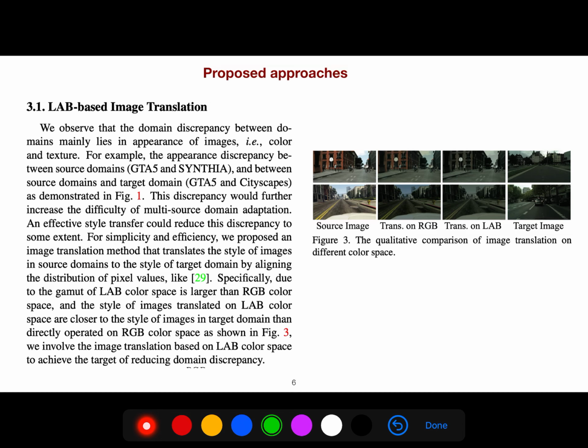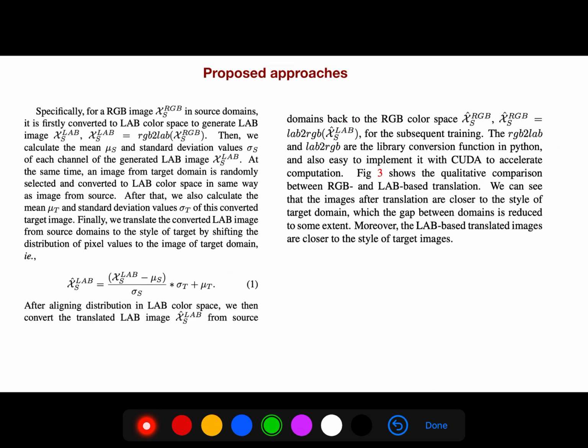For simplicity and efficiency, we propose an image translation method that translates the style of images in source domains to the style of target domains by aligning the distribution of pixel values. Finally, we translate the converted lab image from source domains to the style of target by shifting the distribution of pixel values to the image of target domain.